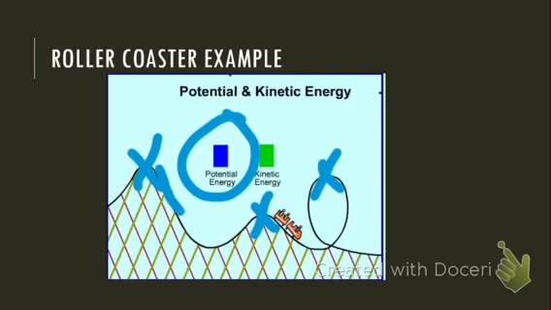As our roller coaster is moving downward to the lowest points, that's when our kinetic energy is going to be the greatest. And during the changeover from potential to kinetic, right here, our potential is going down and kinetic is going up. Okay, I'm going to get out of drawing mode so that you can take a look at it one more time as it's going through.